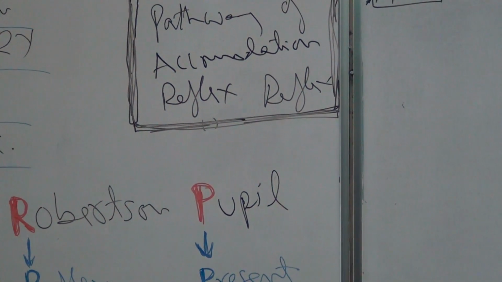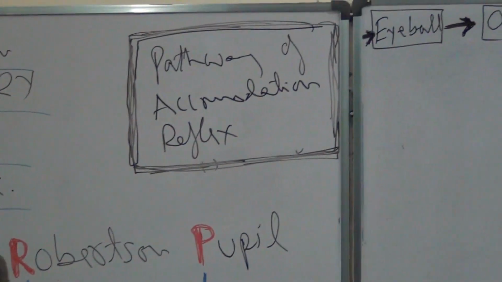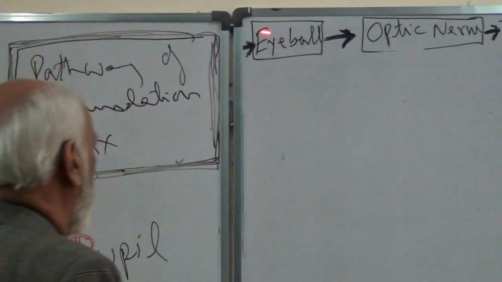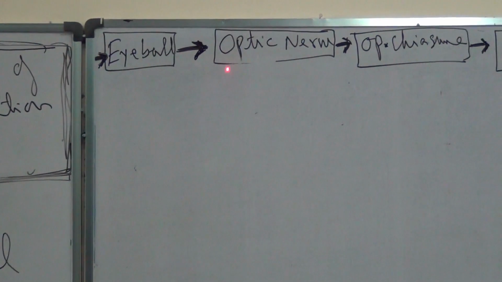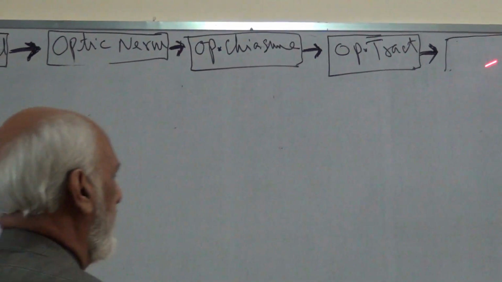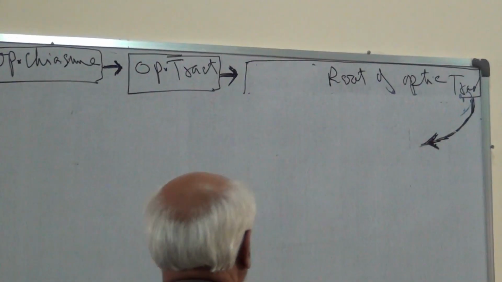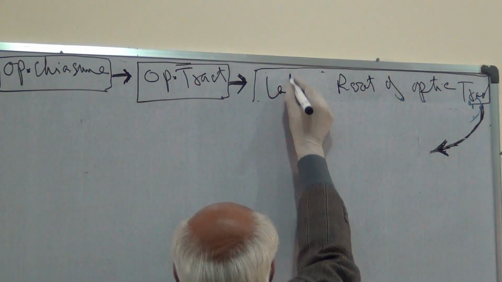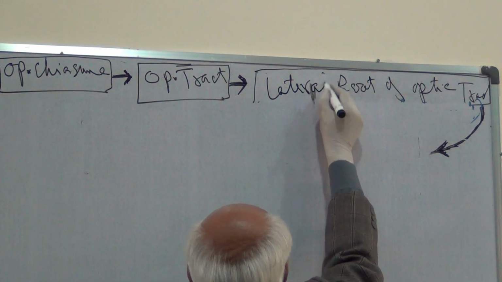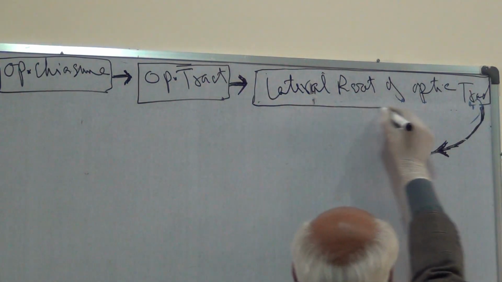First of all, all components of the visual pathway are there. That is the eyeball, optic nerve, optic chiasma, and optic tract, as I told you in the visual pathway. So here will be the lateral root of the optic tract.